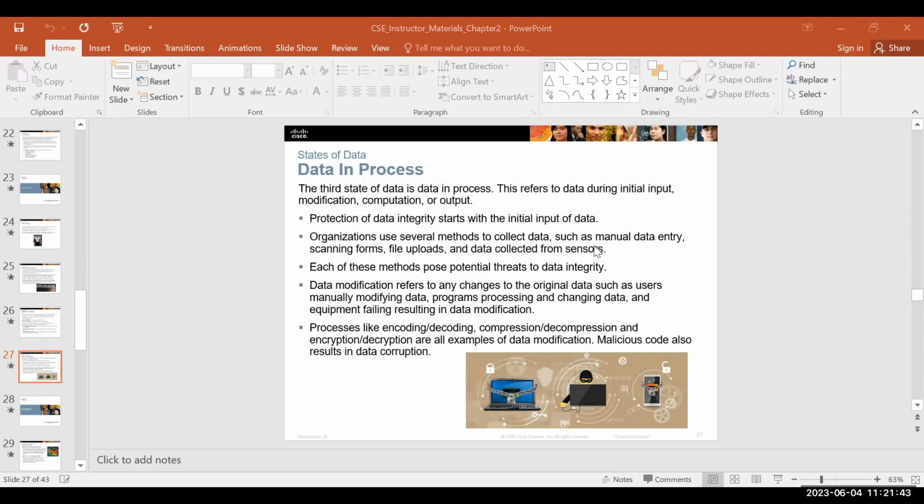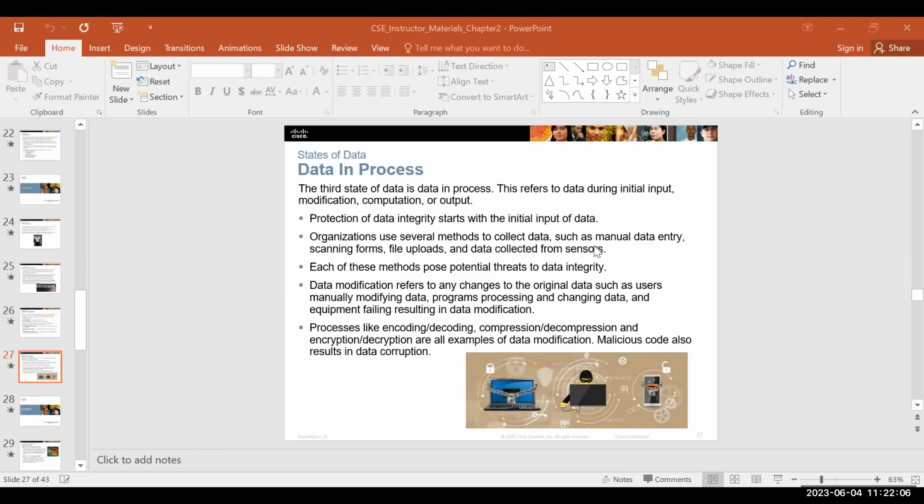Organizations use several methods to collect data, such as manual data entry, scanning forms, file upload, and data collected from sensors. These are different ways that organizations collect data. Each of these four methods poses a potential threat to data integrity.